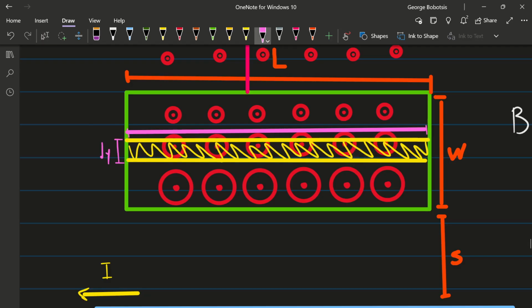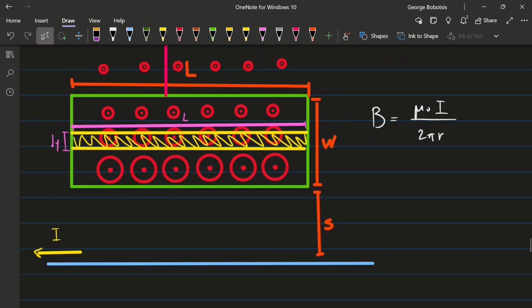So why do I want that? I want to calculate what is the flux that has been received through that little band. So I'm basically going to calculate the flux.